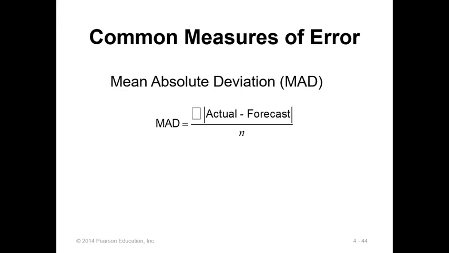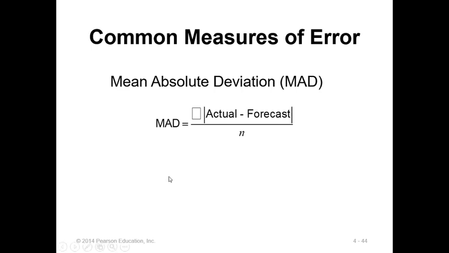The first measure, we call it the MAD, the mean absolute deviation. It is simply equal to the sum of the absolute values of actual value minus forecasted value, divided by the number of periods.